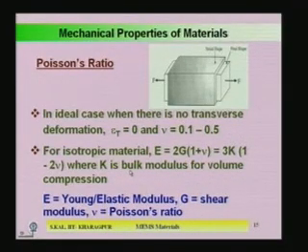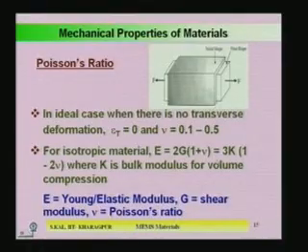For an isotropic material, where E is equal to G, that is an ideal condition, but normally we have seen that E and G follow a certain relation: E equals twice G into 1 plus nu, or 3K into 1 minus twice nu, where K is the bulk modulus for volume compression. E is here the Young's or elastic modulus, G is the shear modulus, and nu is the Poisson's ratio.